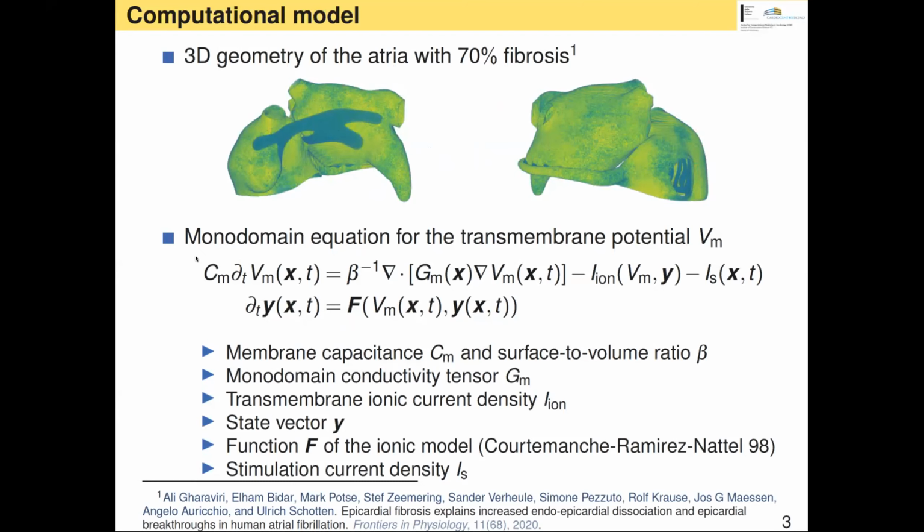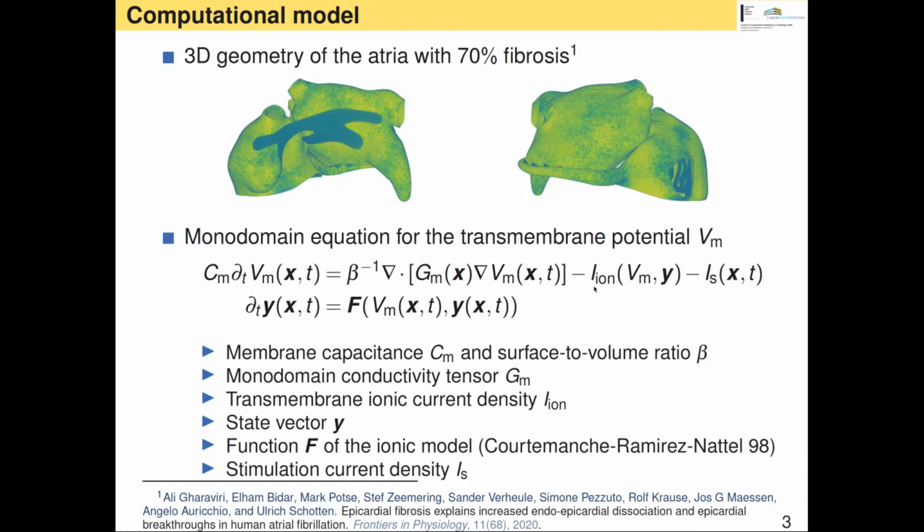On this geometry, we solve this monodomain equation for the evolution in time of the transmembrane potential Vm. The other terms in this equation are the membrane capacitance Cm, the surface to volume ratio beta, and the monodomain conductivity tensor Gm.